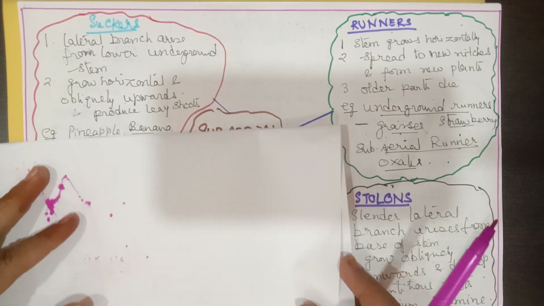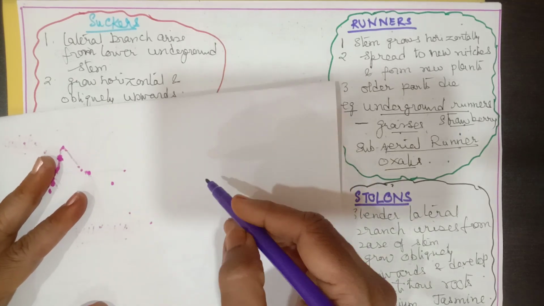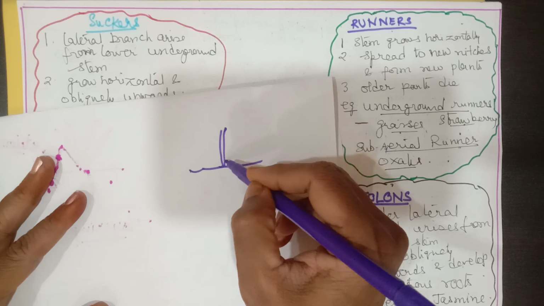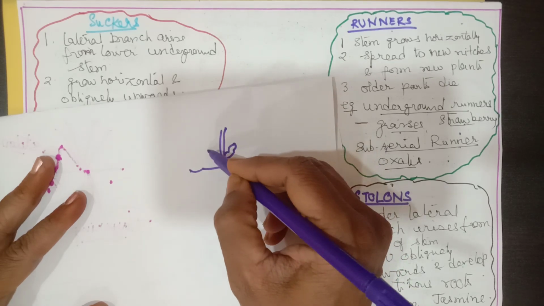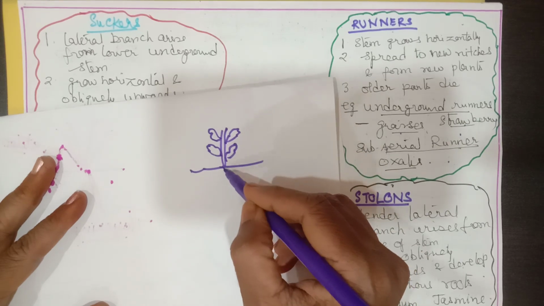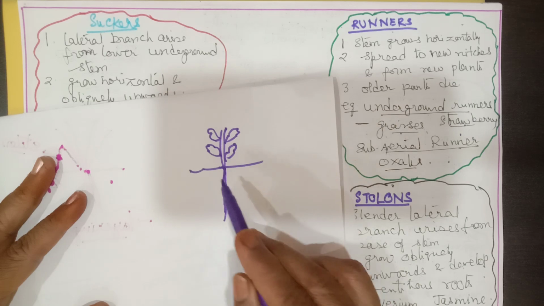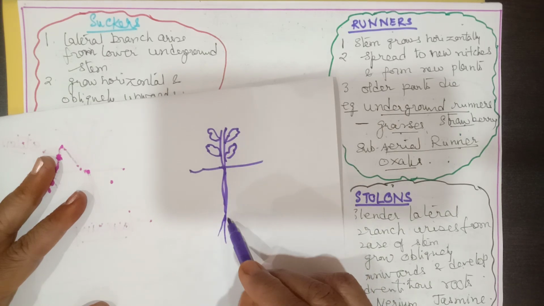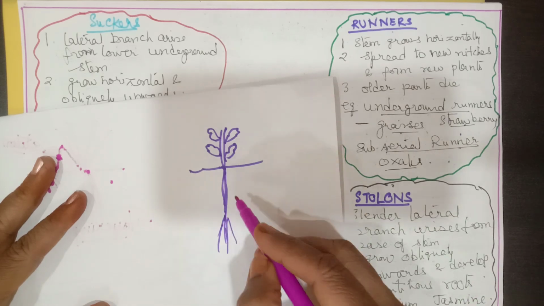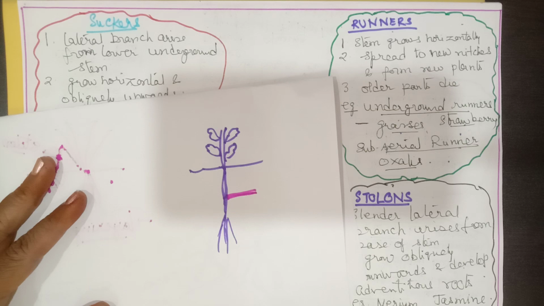Diagrammatically, in the case of chrysanthemum, a part of the main stem will develop the leaves, and some part of the stem will grow below the soil, and here it will develop its roots. A branch will develop first horizontally in the soil.